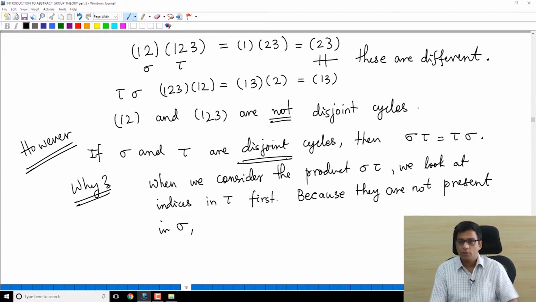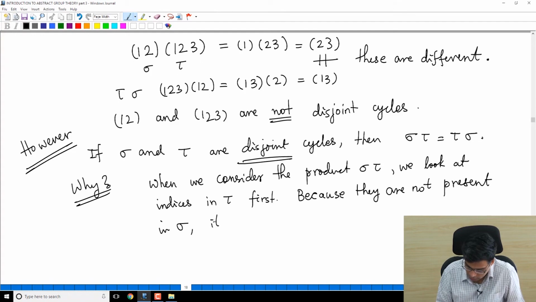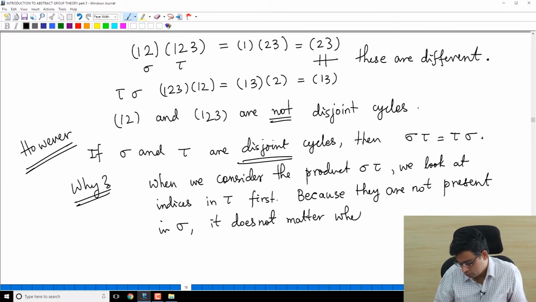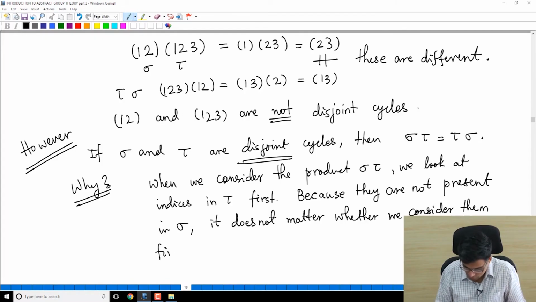This is very important. Because they are not present in sigma, it does not matter whether we consider their images, we consider them first or after sigma.